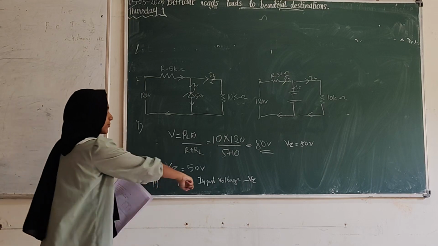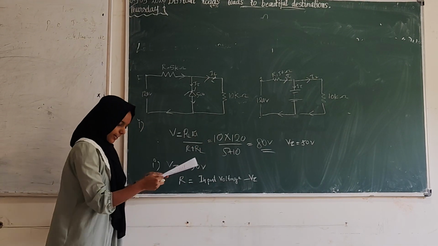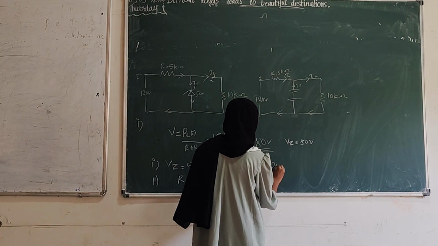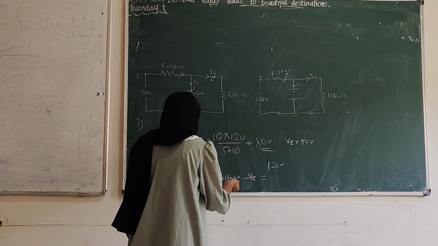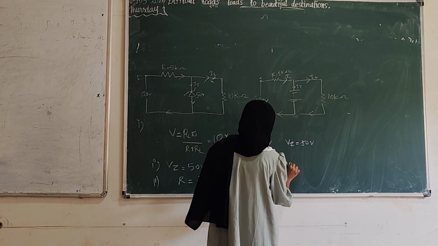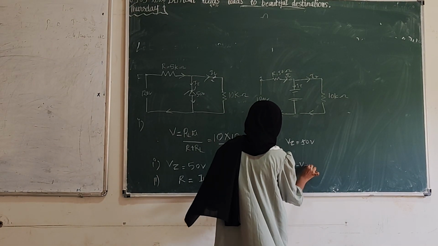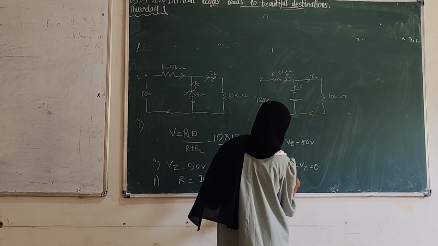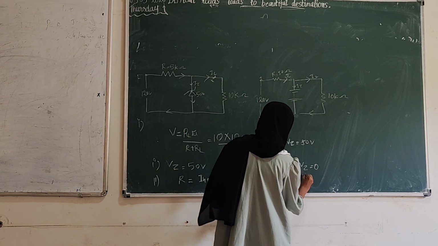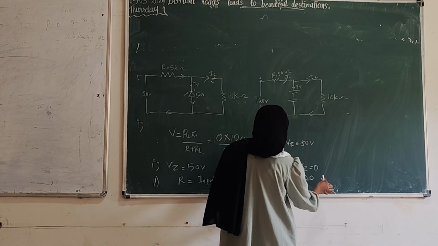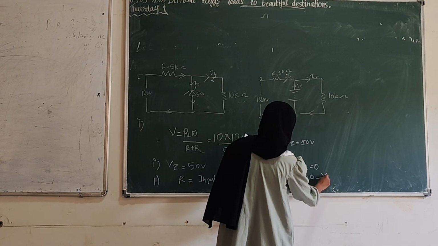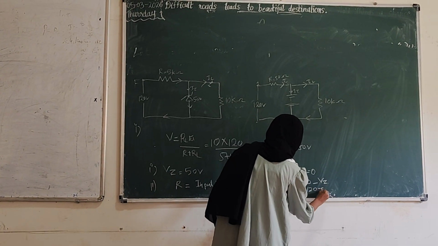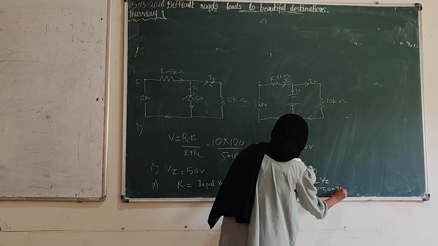We can get this through Kirchhoff's voltage law: 120 minus VR minus VZ equals 0. So we want to find VR. VR is 120 minus VZ, that is 120 minus 50, which is 70.